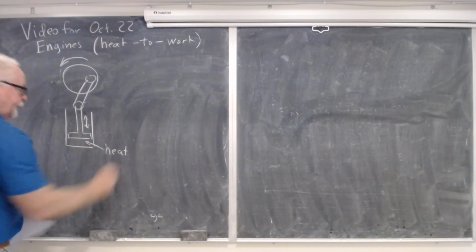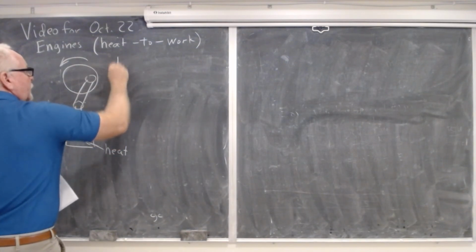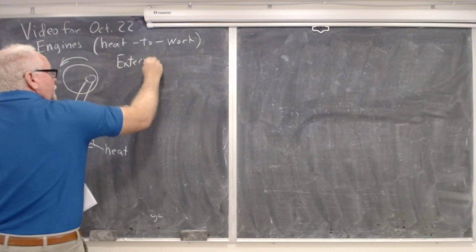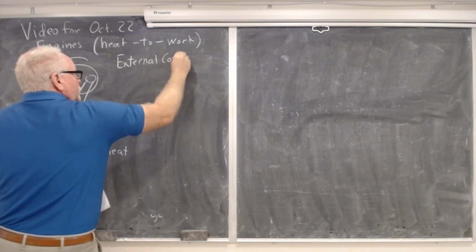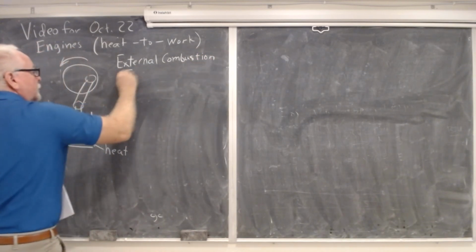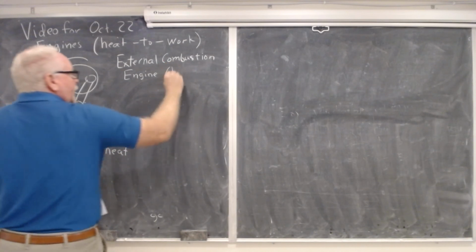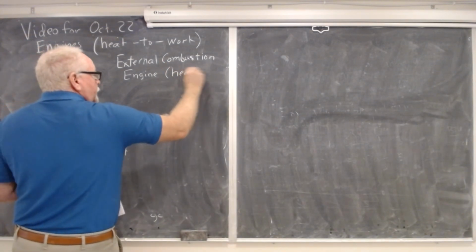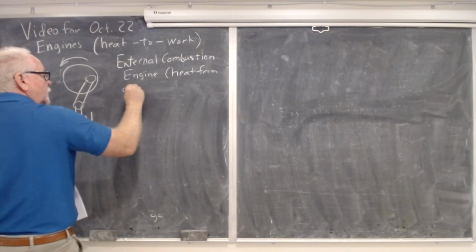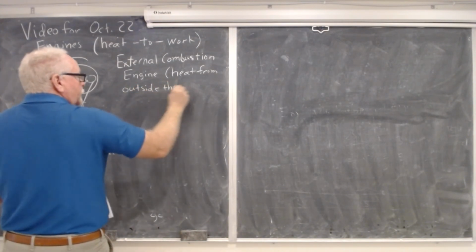Now, there's two forms of engines. There's the external combustion engine, and that's where the heat comes from outside the cylinder.